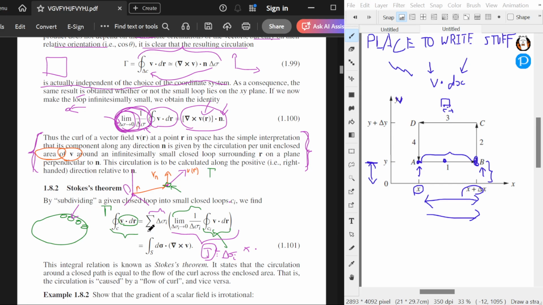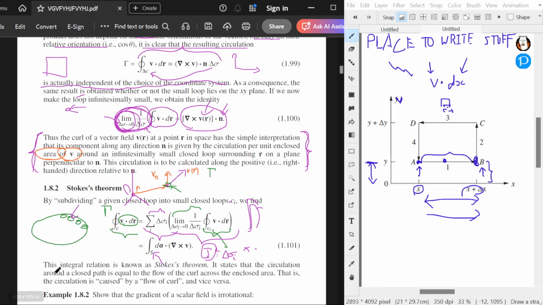Is that what it's saying? The sum of infinitesimals is basically an integral. So integral plus integral is just a double integral, over the surface. This integral relation is known as Stokes' theorem.